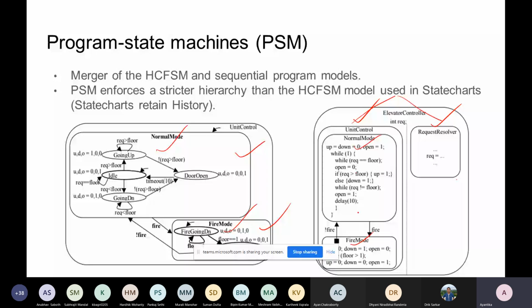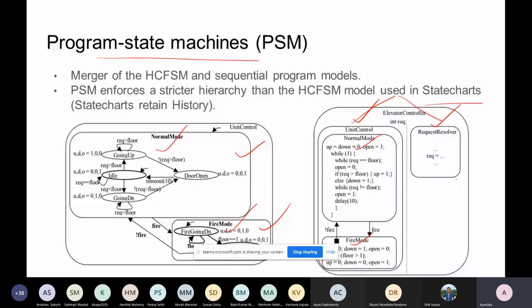Based on that, you choose the set of instructions. This support is given by the statechart, which supports this hierarchy and concurrency model in FSM, and also enforces the program state machine. That means you have added the capability of programming to the state machine.